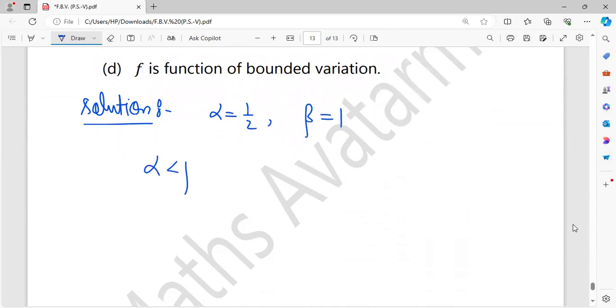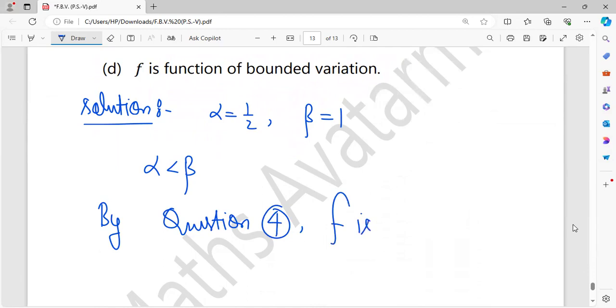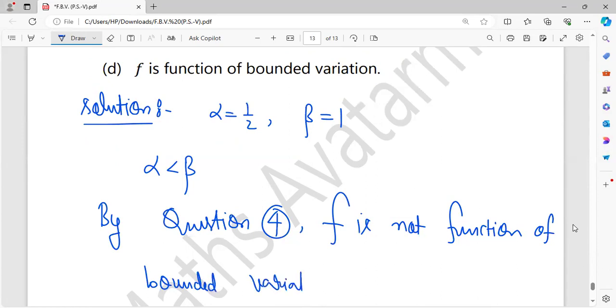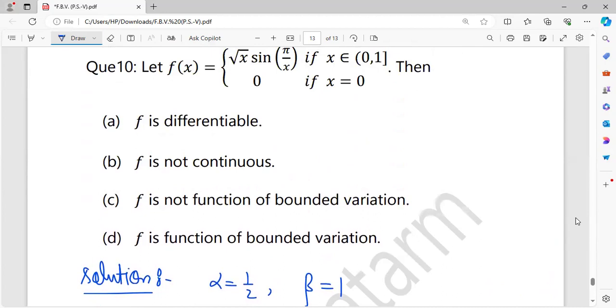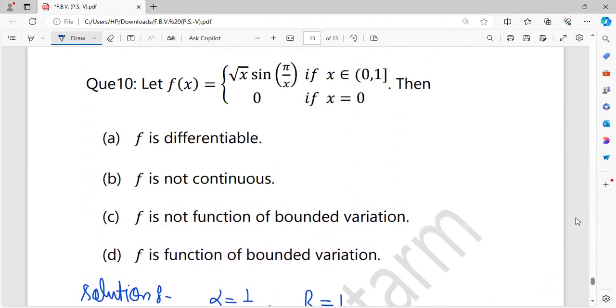So alpha is strictly less than beta. So by question 4, f is not a function of bounded variation. So which option is correct? Option C is correct.